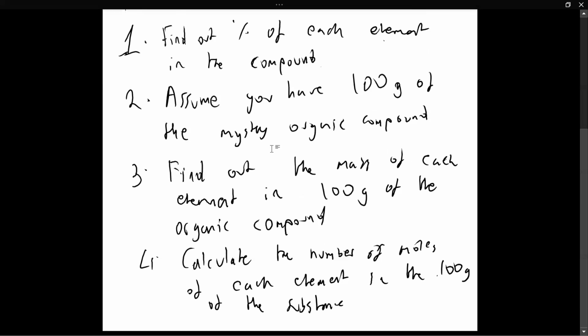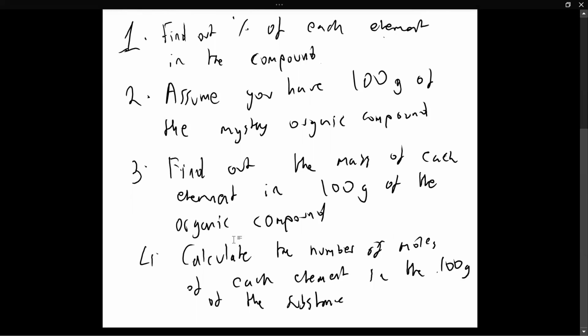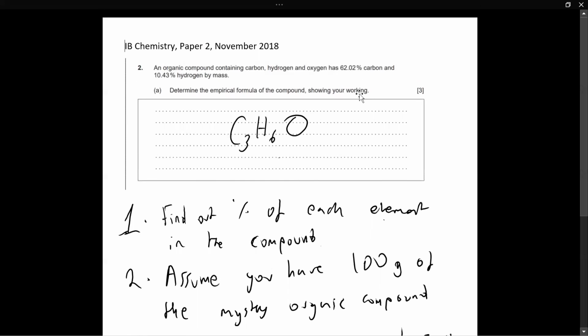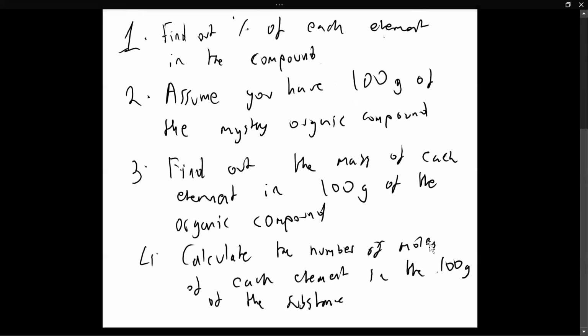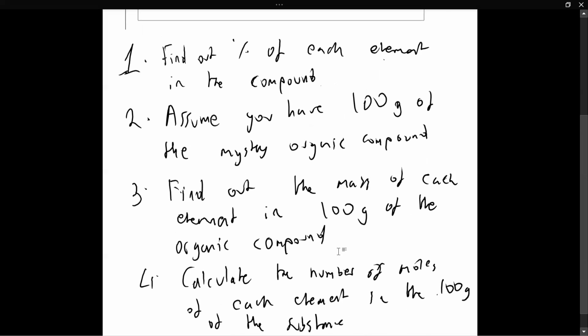What I mean is that you have to calculate the number of moles based on the masses that are present in 100 grams. So if the percentage of carbon in 100 grams is 62.02%, then the mass of carbon in that substance is 62.02 grams. And you can use that to find the number of moles of each element in 100 grams of that substance, right?